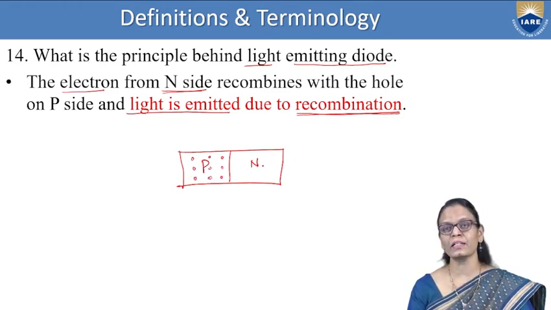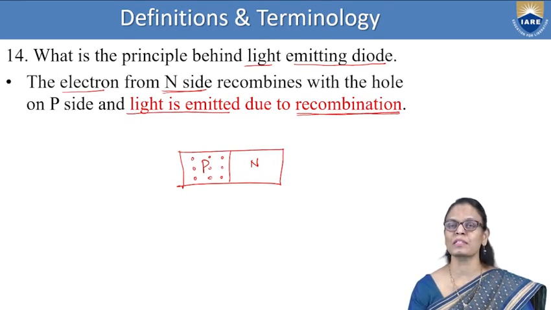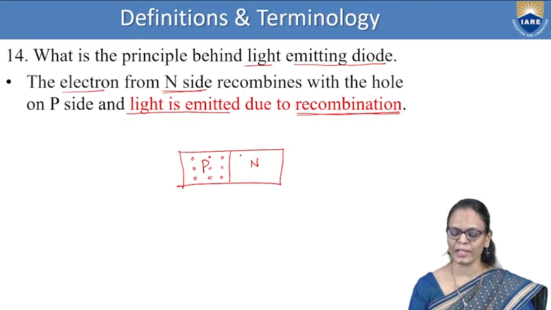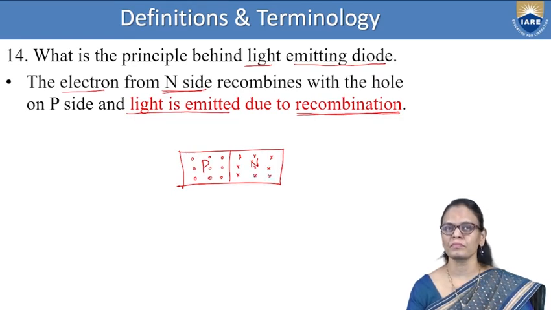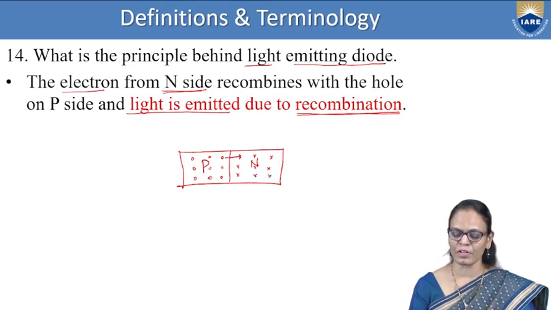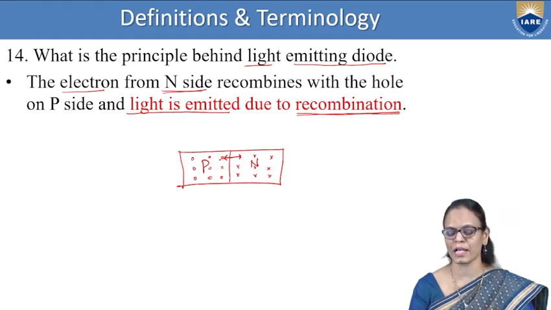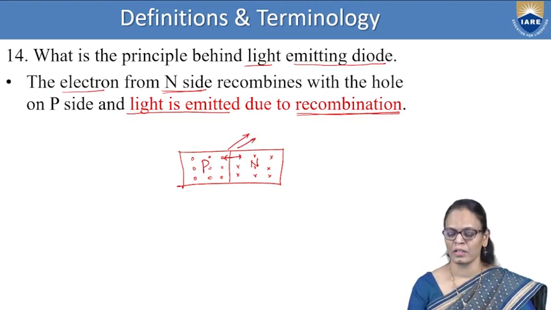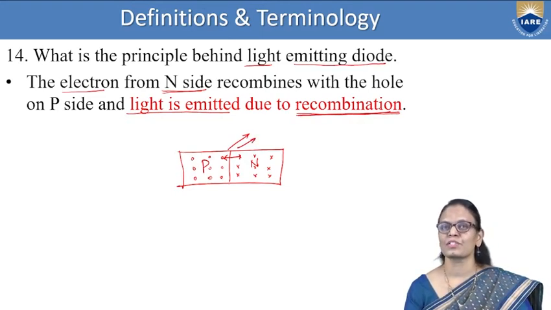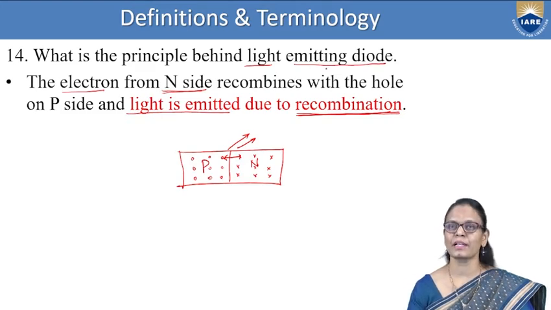And when we say n-type, we are adding a pentavalent impurity, a donor impurity, where there is an excess of electrons. So there are more electrons here. When an electron from the n side recombines with the hole on the p side, energy is emitted. We call it recombination. So light is emitted and we call it a light emitting diode.